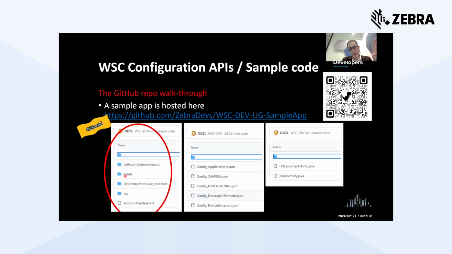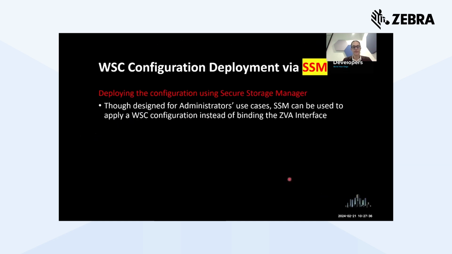Another important folder is the asset one, because the asset folder is the central one in this slide, and it's including several JSON files with pre-configured examples that you can easily apply to your case. And then we have the Java folders with the actual activities involved in the configuration and running your application.